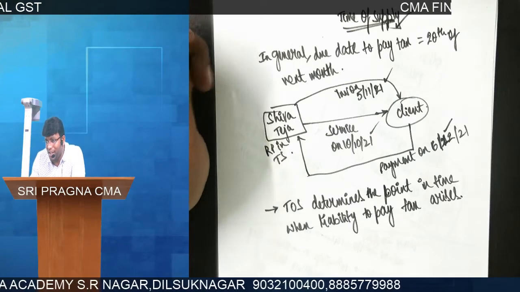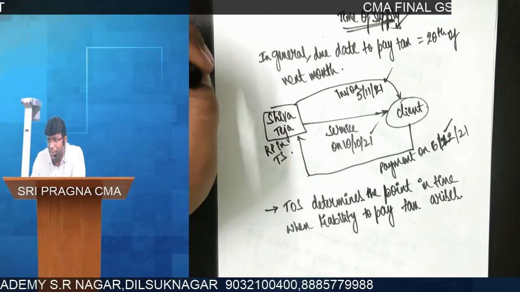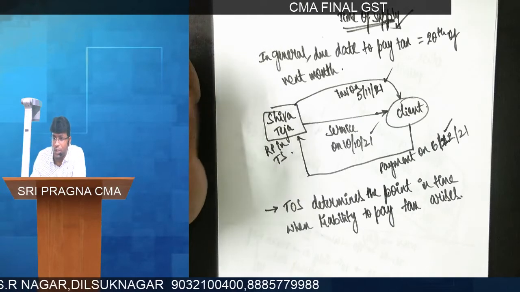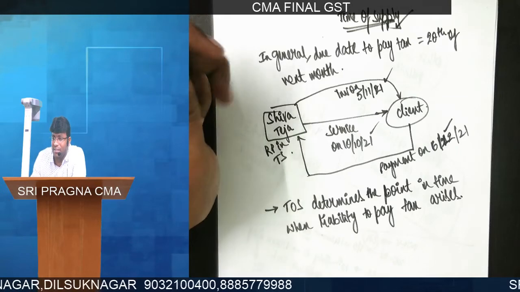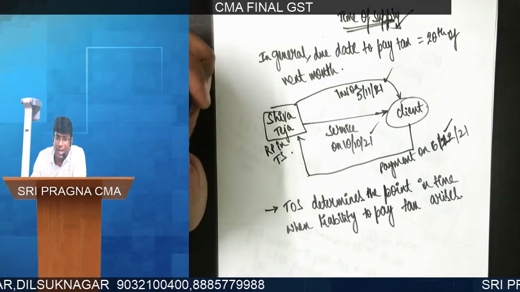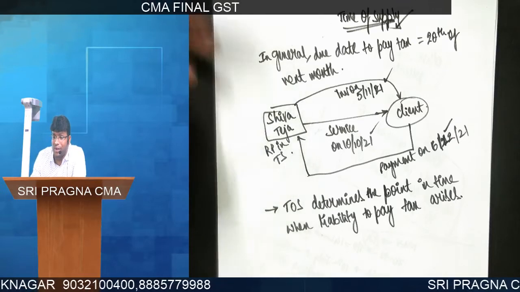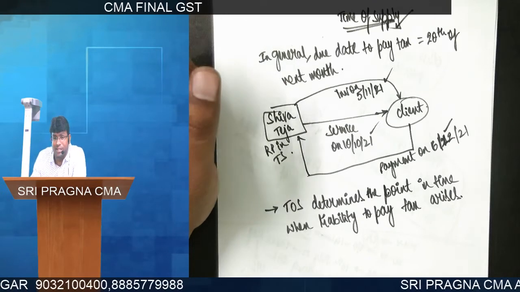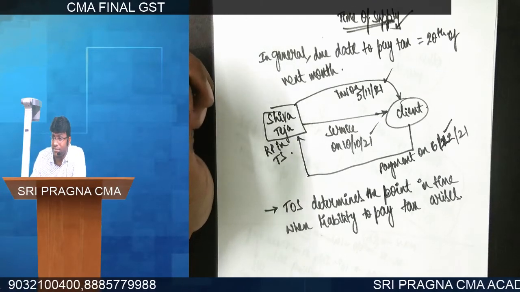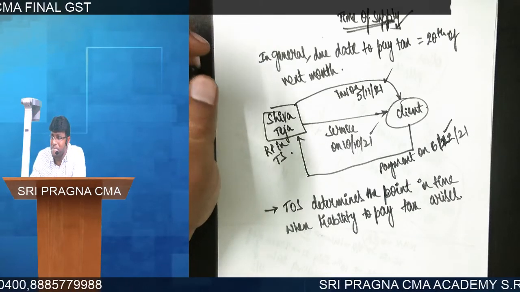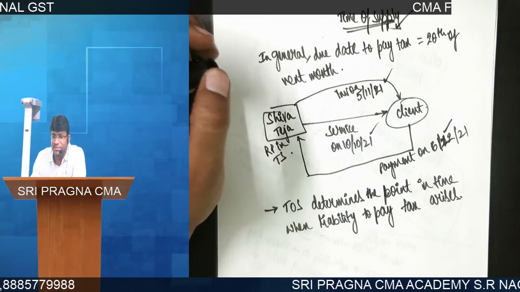How many have said 20th November? Good. How many have said 20th December? Good. How many have said 20th January? Good. Balance February. We'll talk in detail. But the answer is 20th December.